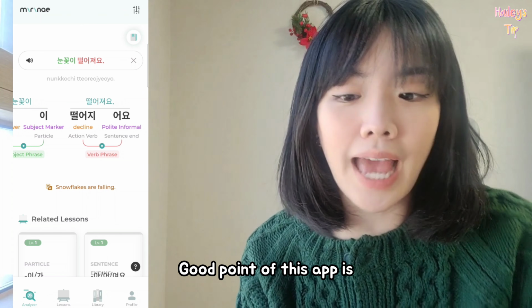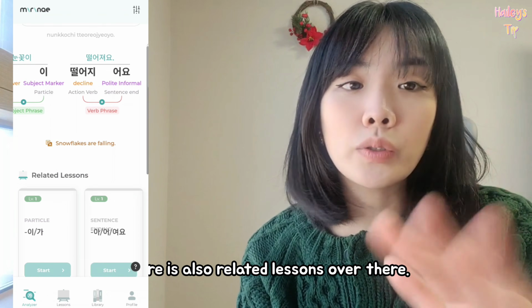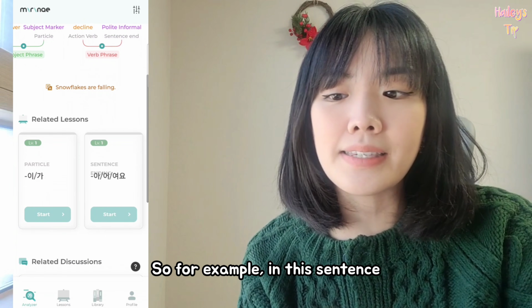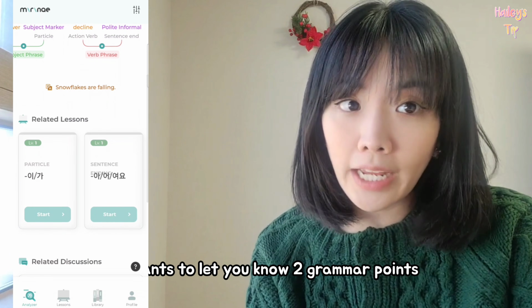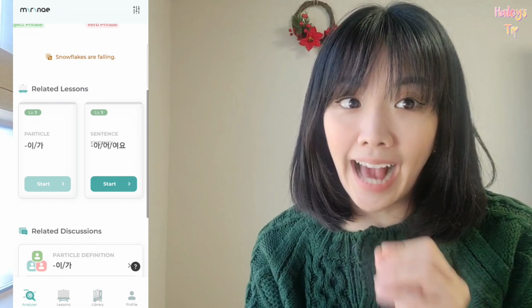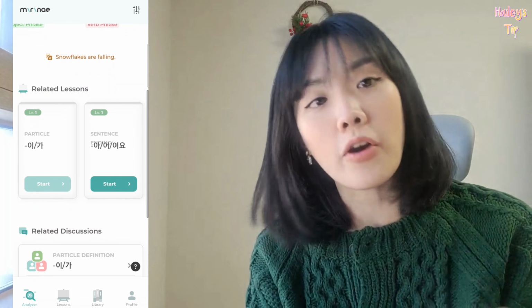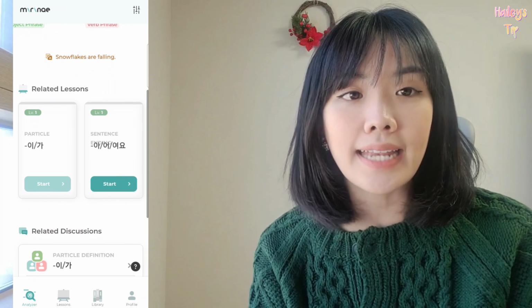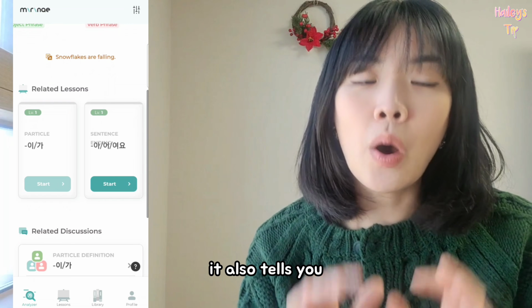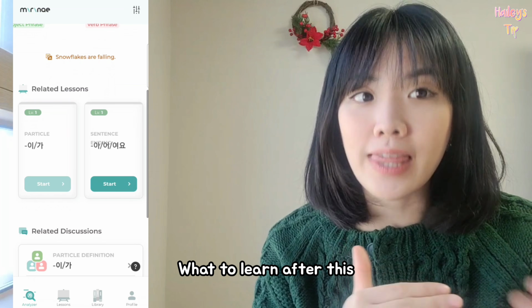A good point of this app is there are also related lessons. So for example, in this sentence, this app wants to let you know 2 grammar points. Particle 이/가, the subject particle, and then the sentence ending 아/어/여요. So it also tells you what to learn after this.